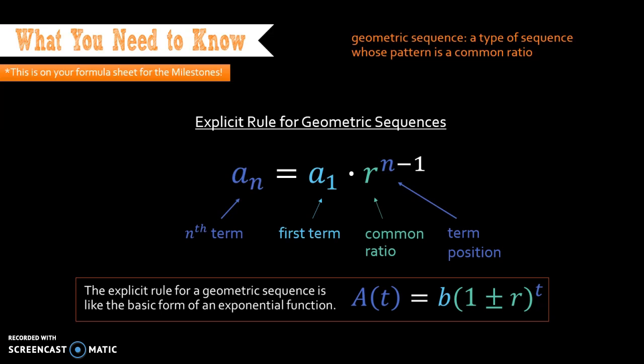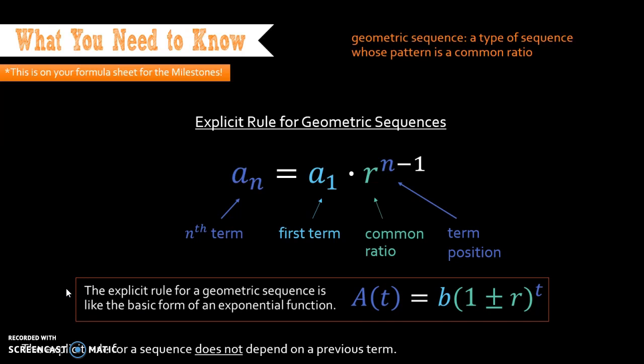So if you remember the format from that, your a of t is equal to b, which stands for your initial amount, times 1 plus or minus the rate of change, all raised to the t power. And remember that geometric sequences have an exponential pattern when we graph them. This is why. It's because their equations or their rules are extremely similar in nature.